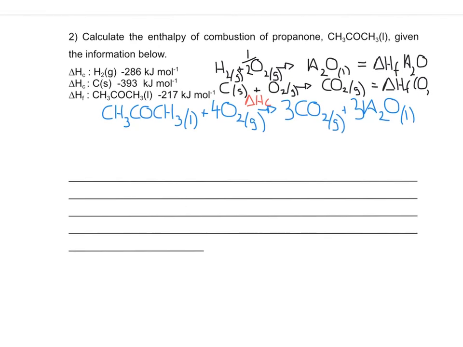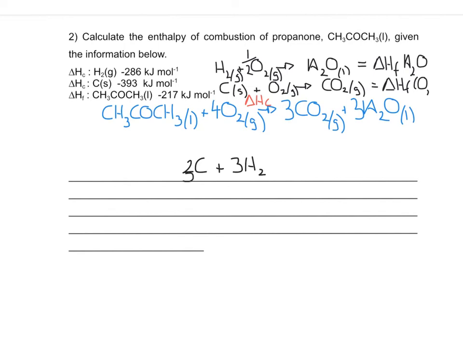Okay, so the first one that we're going to take is this propanone. We're going to think of the elements that make it up. I haven't written out the equation for the delta HF, but probably we don't need to this time. We have got 3 carbons, that should have been 3 carbons, my apologies.